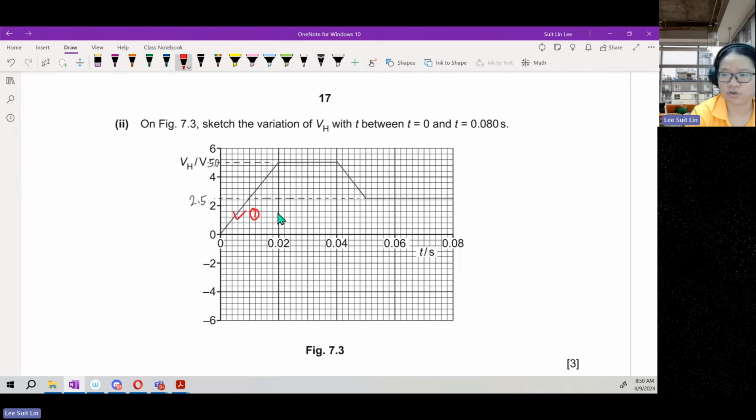And if there's a straight line between two non-zero VH values, so any VH value, here is 1 mark. If this line is the same mark to me, meaning you copy the graph lah, right? If this line is 5 volt, it's 1 mark, constant at the correct position. If this line is 2.5 volt, it's 1 mark. This graph is 3 mark.